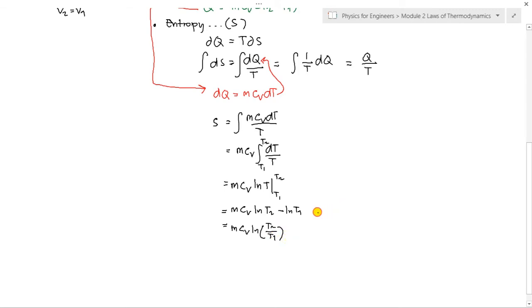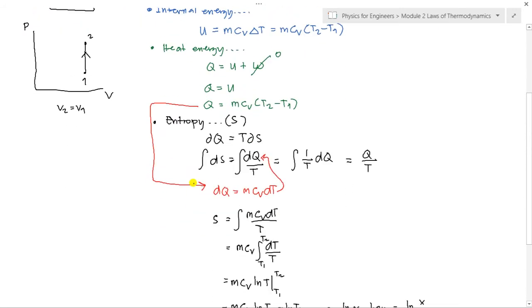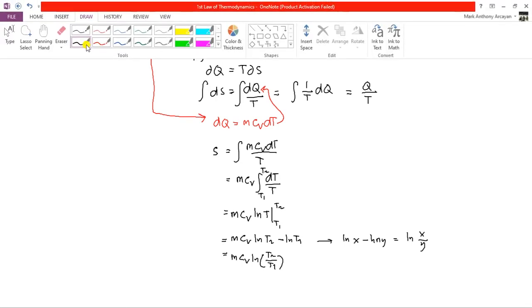Okay? Diba? Naman tayo property nga ln of x minus ln of y, that is just equal to ln of x all over y. So therefore, our entropy for a constant volume process is just equal to mCV ln of T2 over T1.